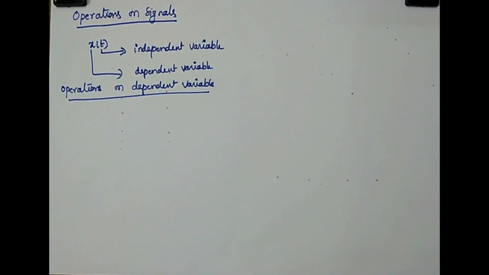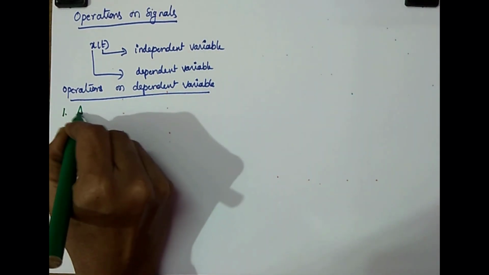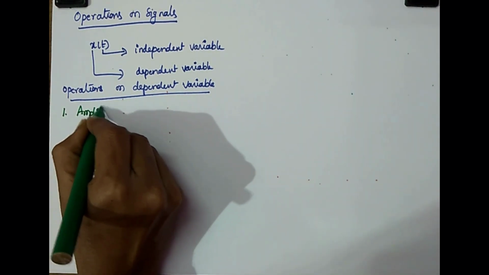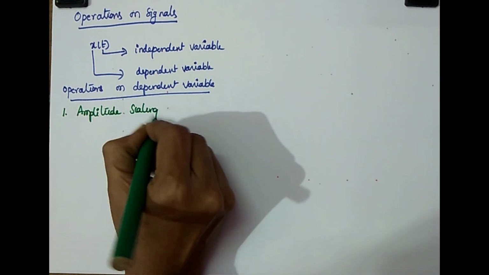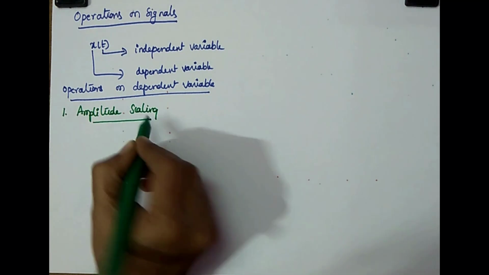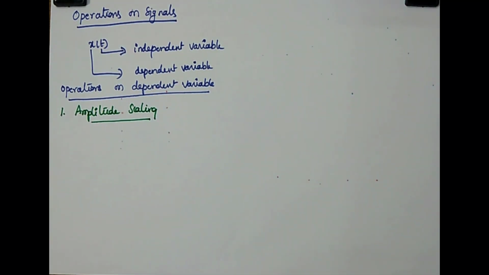It won't depend on any parameter. T is independent. Okay, so now we'll see operations on dependent variable. First operation: amplitude scaling. Amplitude scaling is the first operation.